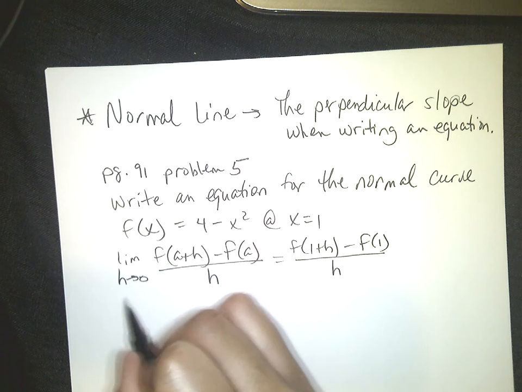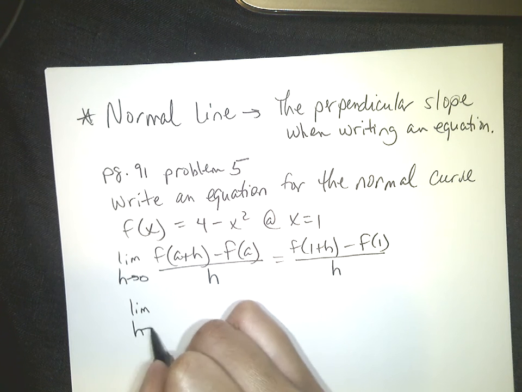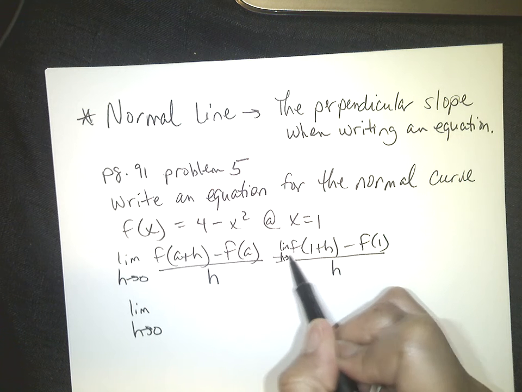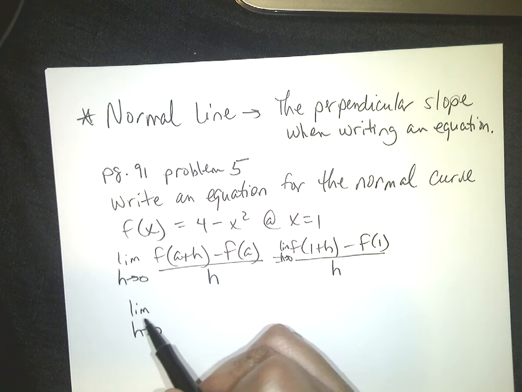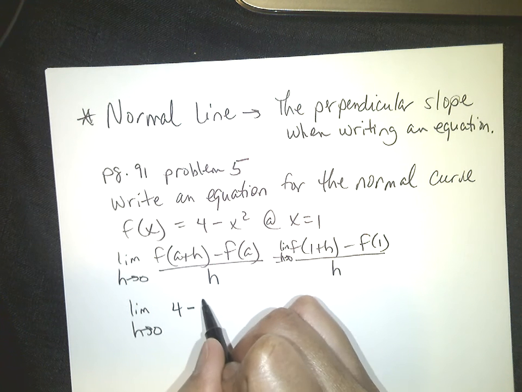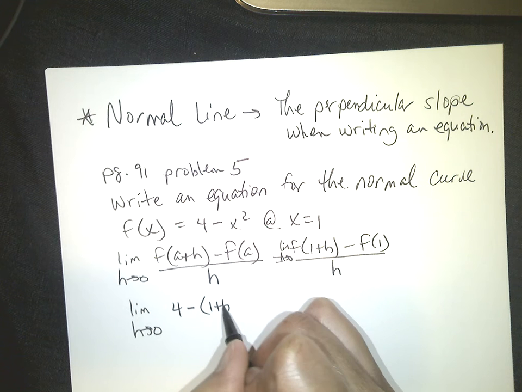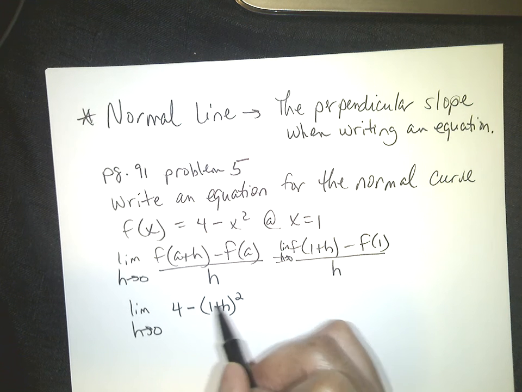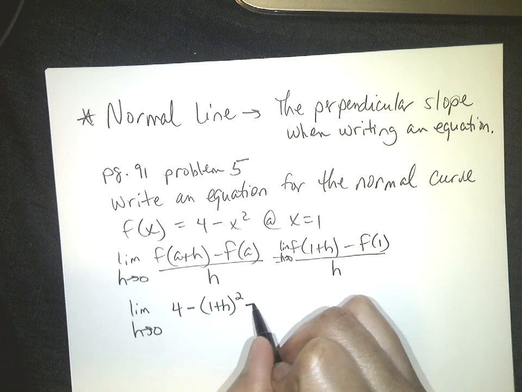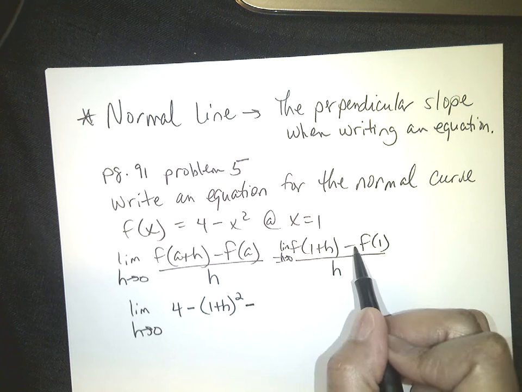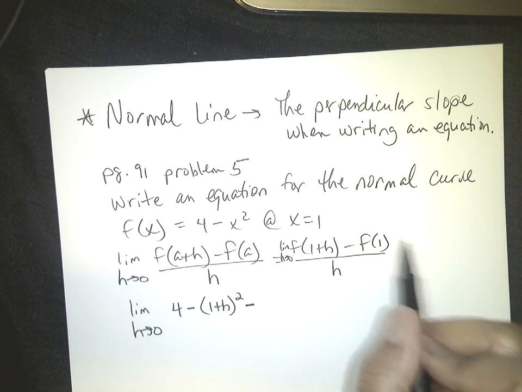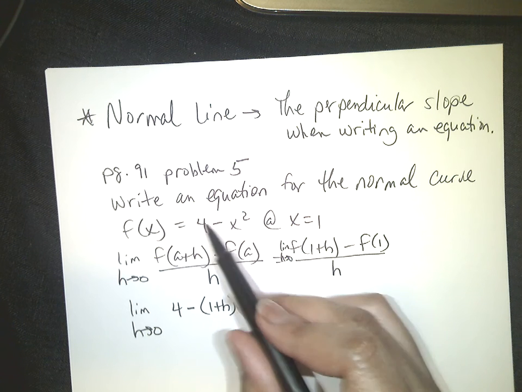So this would be the limit as h approaches 0. And I forgot my limit as h approaches 0. So this would be the limit as h approaches 0 of 4 minus (1 plus h) squared, minus, but you have to keep the formula the same, now plug in 1 into the function.